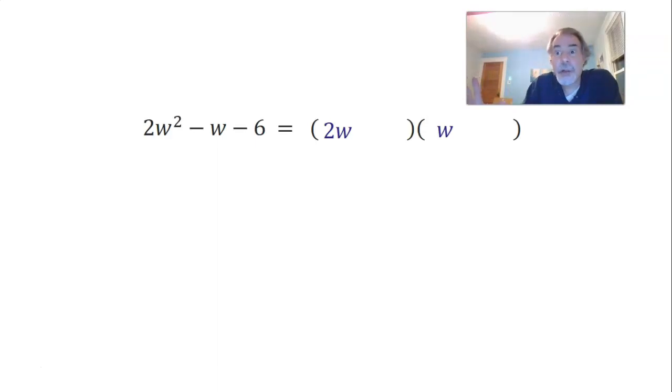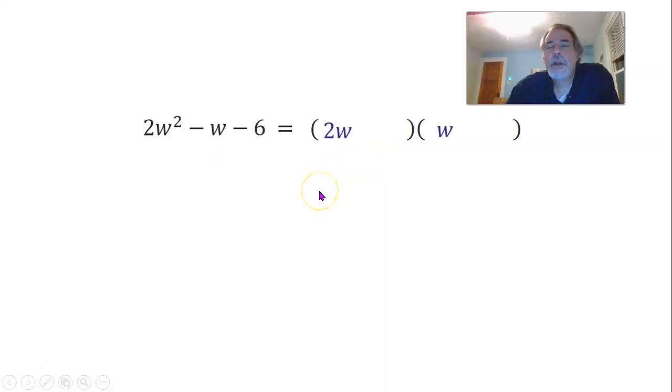But one of them has to be plus and one has to be minus. Okay? And then numerically, they have to multiply to 6. Could be a 2 and a 3, could be a 6 and a 1. But whatever we put here is going to get multiplied by 2w when we do the O part of FOIL. And whatever goes here is going to get multiplied by 1w when we do the I part of FOIL.